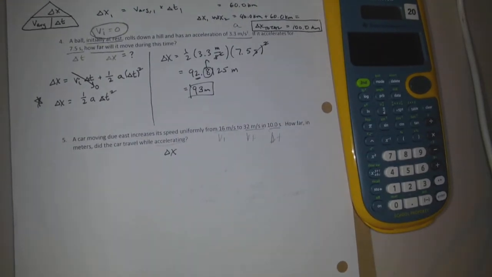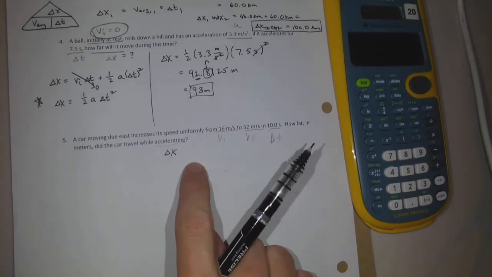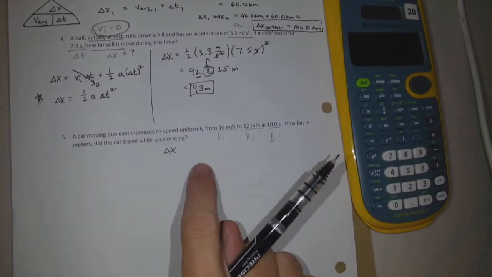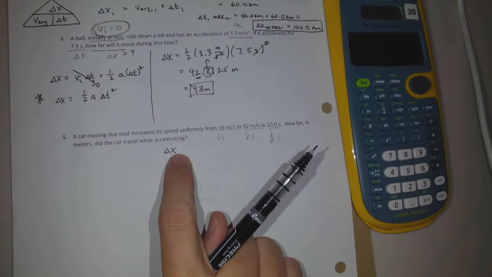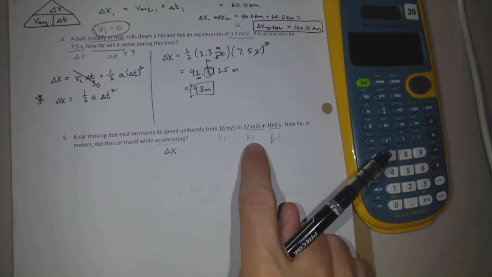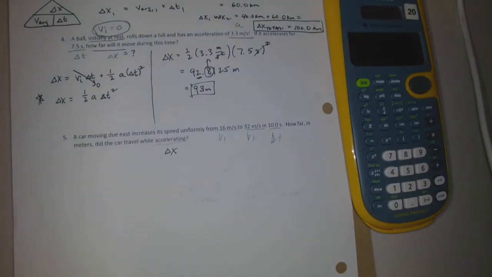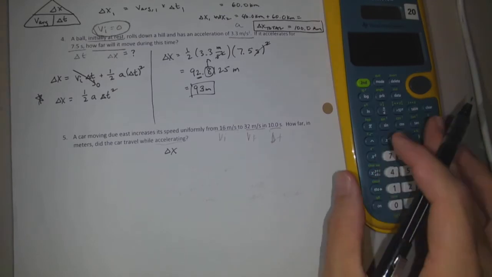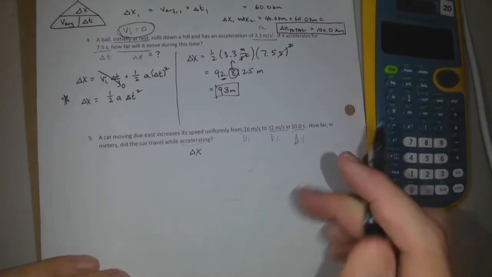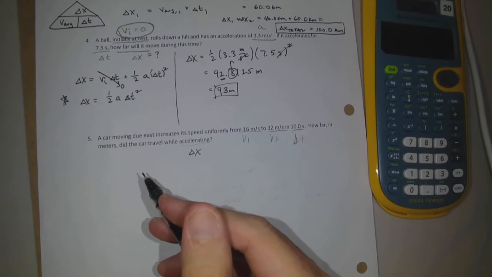Okay, take a second to look at your equation sheet and find something where you only have this as the unknown, and it only depends on this, this, and this. Don't cheat, look at your equation sheet. The equation goes like this.